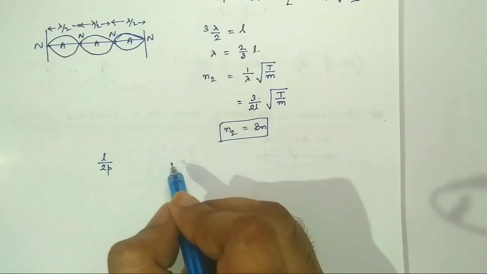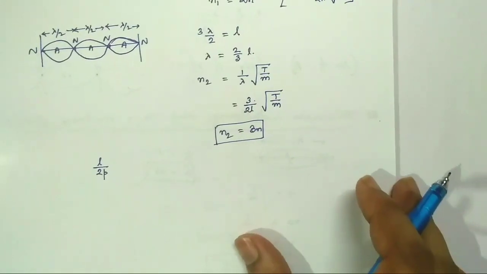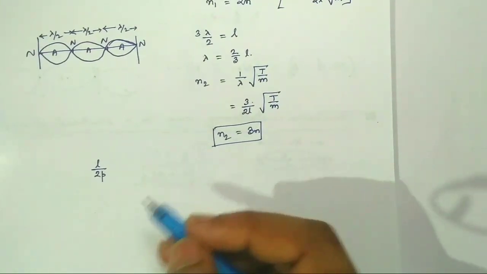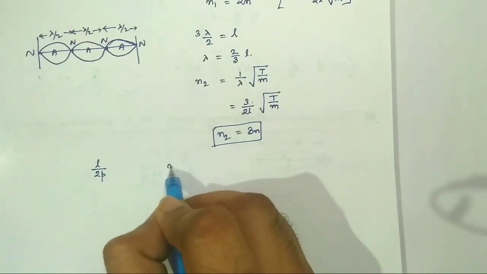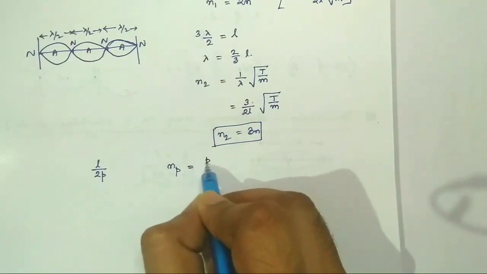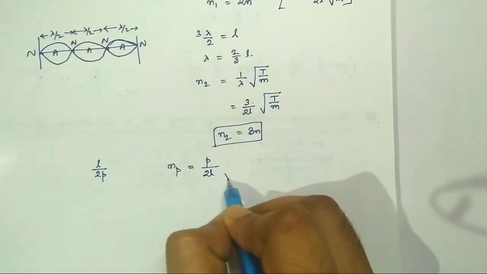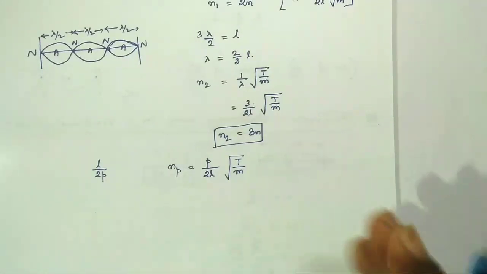P number of segments, here segments equal to loops, and the pth harmonic is given by Np equal to P by twice L root under T by M.